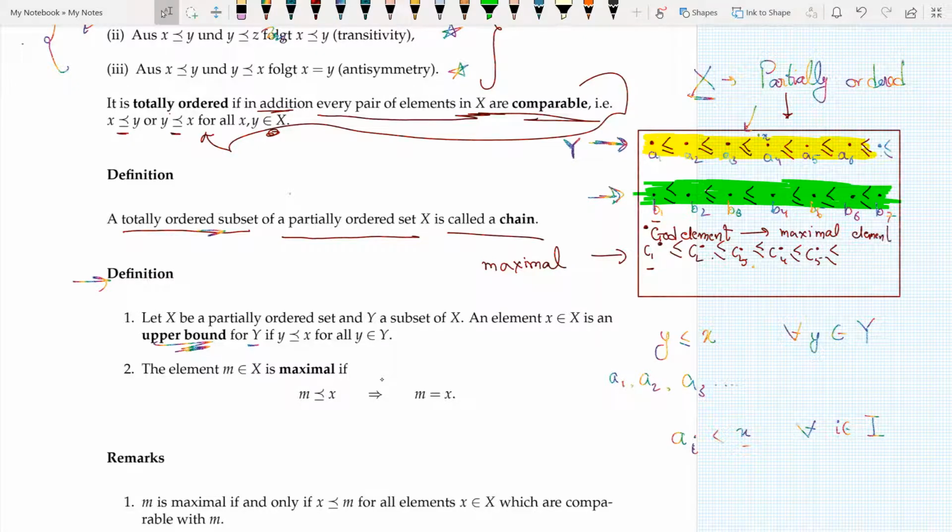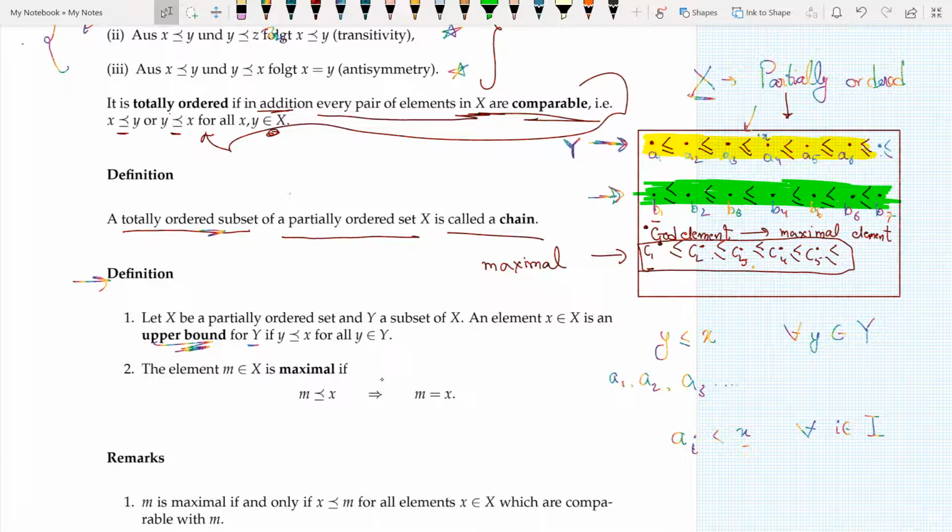Let me summarize it because this is a tricky concept. You have different chains, and the elements in each chain have a maximal element Ci. Elements in different chains may or may not be comparable to each other, but all we know is that X is a partially ordered set and each of these chains has a maximal element.